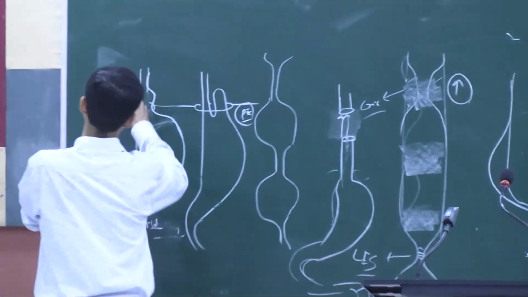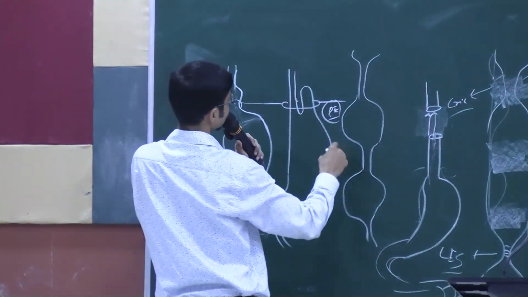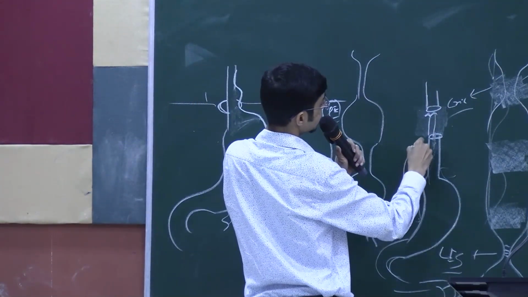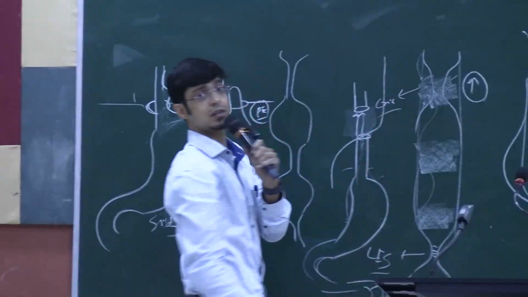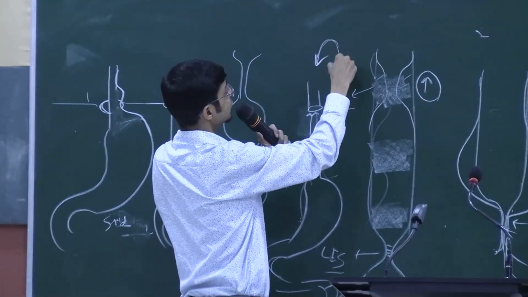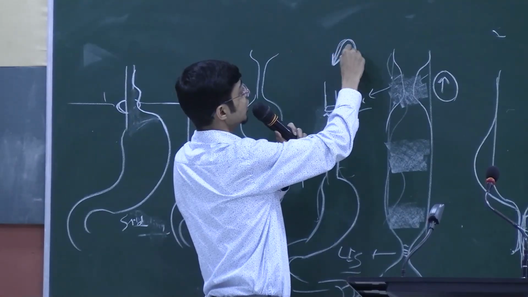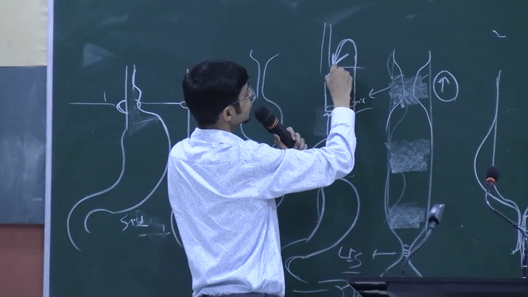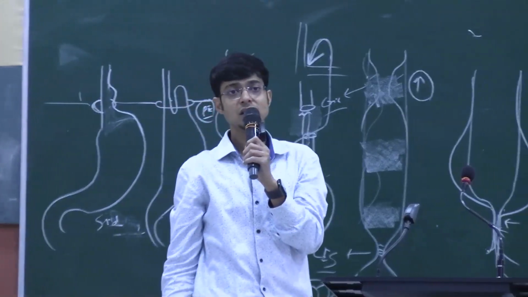Have you heard of the cisterna chyli, the chyle duct? You have heard of it, right? So it goes up like this, then crosses the esophagus and comes to the left side, comes up like this in the neck and drains at the junction of the subclavian vein and the IJV.